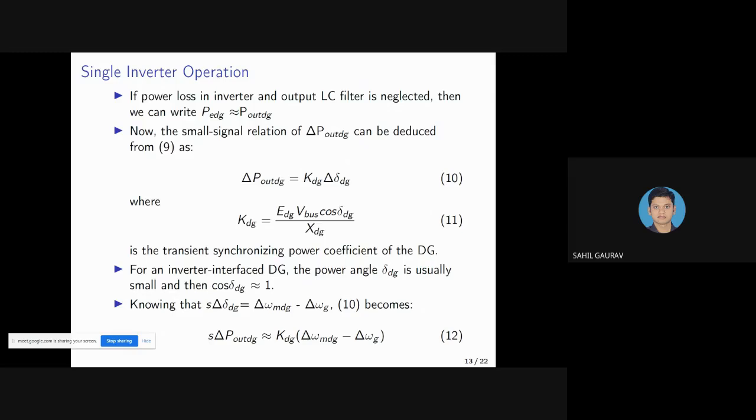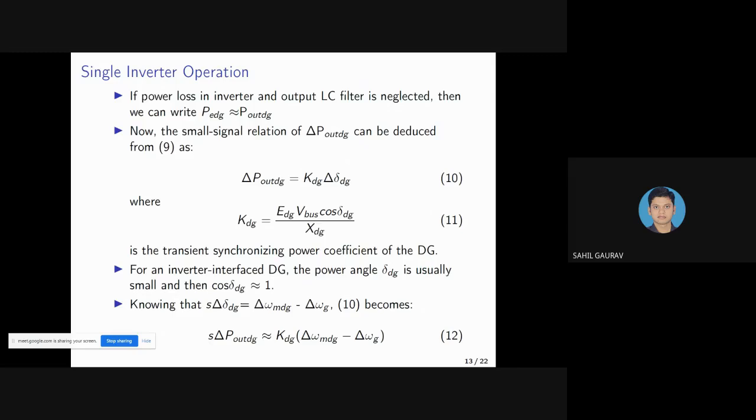One most important point here also is that for an inverter interface DG, the power angle delta DG is usually small, and therefore cos delta DG is approximated as 1. And we know that power angle is the derivative of angular frequency.